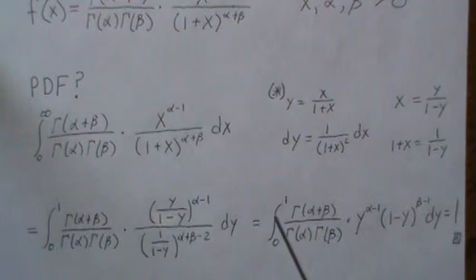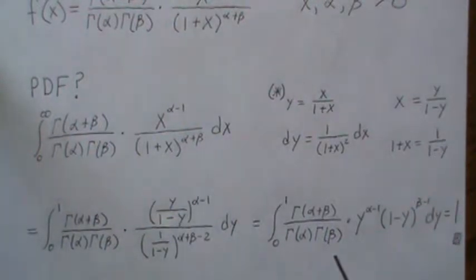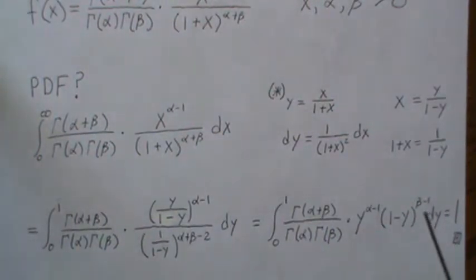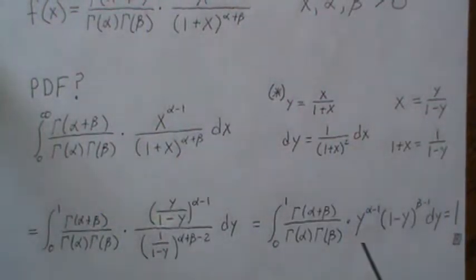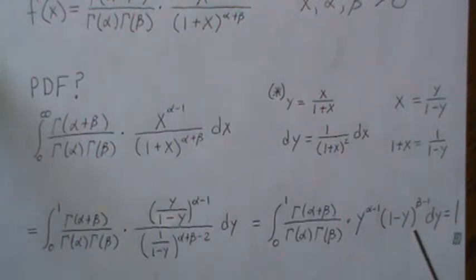And this right here is what we commonly know as the beta distribution, and it does integrate to 1. I'm going to skip that step, assuming that you're familiar with the beta distribution integrating to 1.